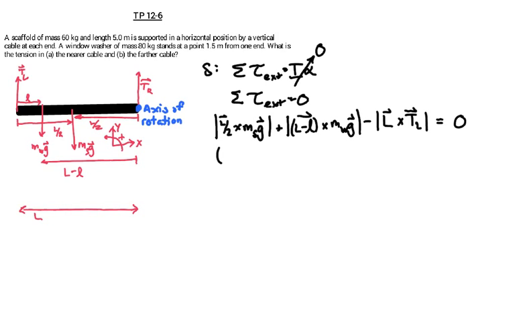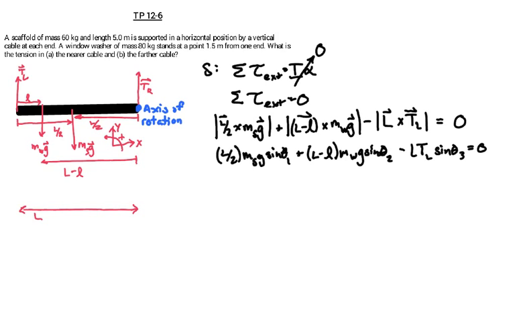And so we're left with L over 2. Alright, I don't need to talk out the whole thing, but I have converted them to magnitude and angle form. And notice that for each of my angles between my vectors, I've labeled them separately. They don't all have the same angle.